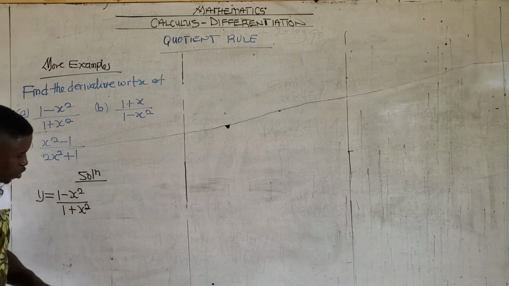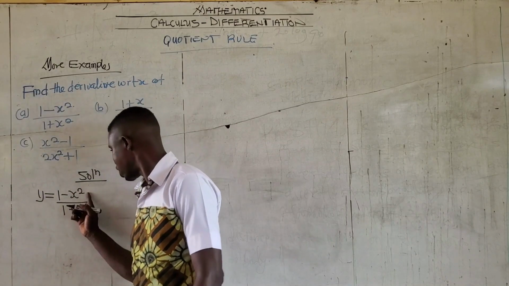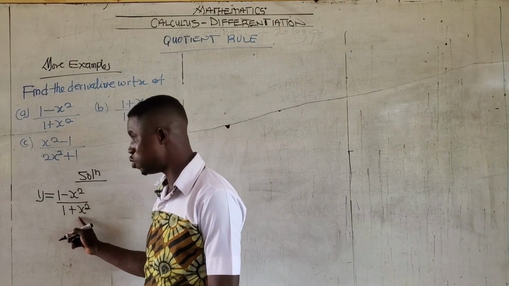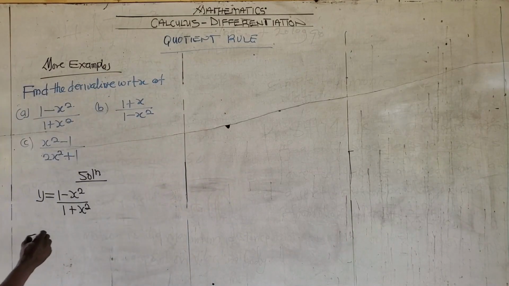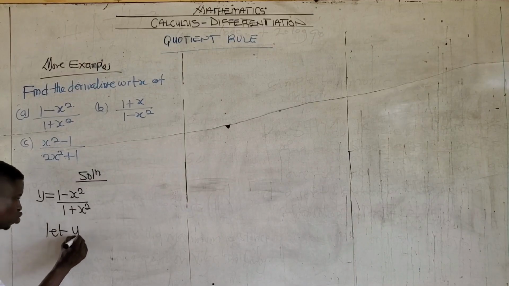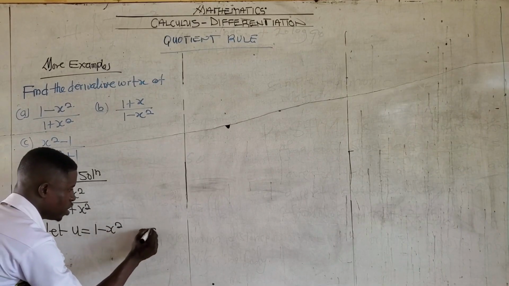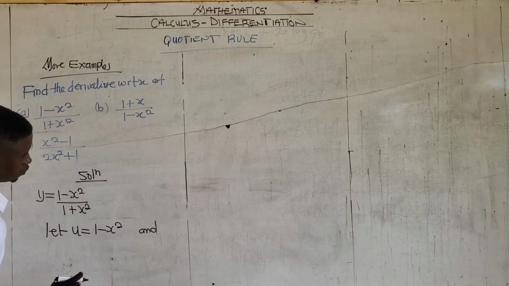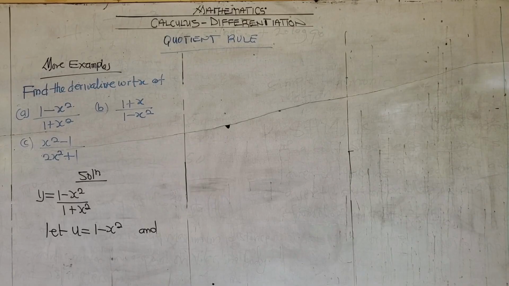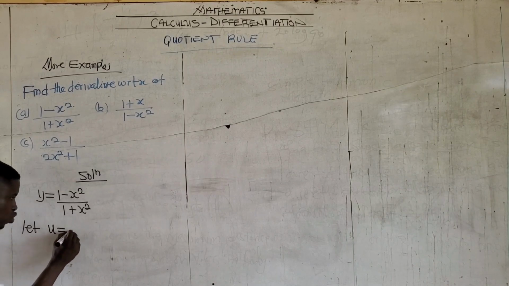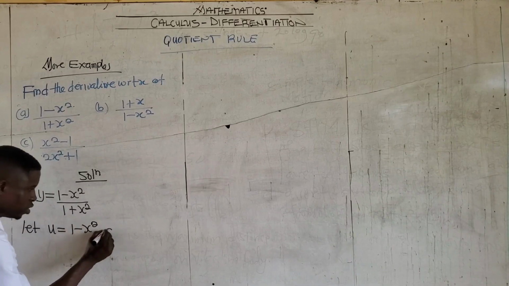You denote the numerator by u and the denominator by v. So in this case, let u equal the numerator, 1 minus x squared, and v equal 1 plus x squared.